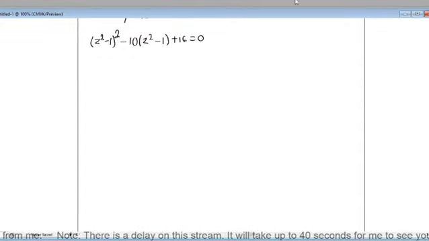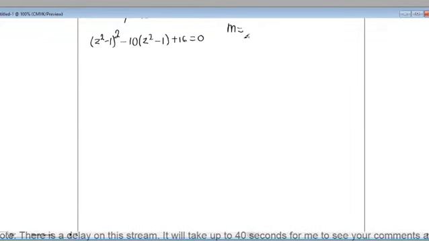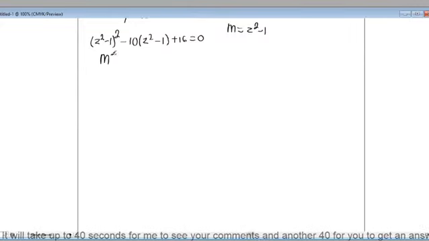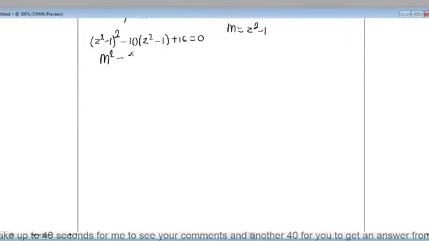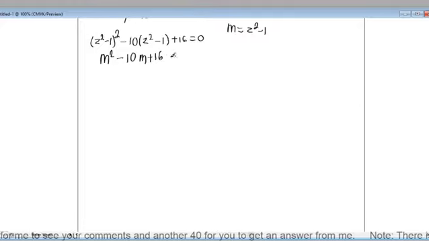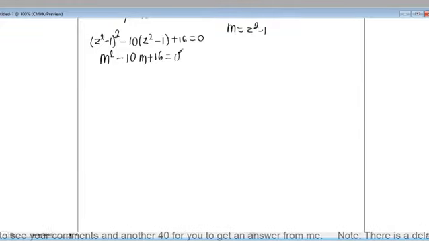So I'm going to say m equals z squared minus 1. So m squared minus 10m plus 16 equals 0.